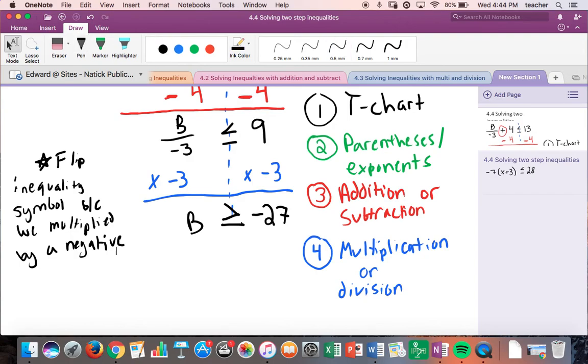Remember, the rule is whenever you multiply or divide by a negative when you're solving, you have to flip your inequality symbol. So that is how you solve a two-step inequality. Thanks for watching.